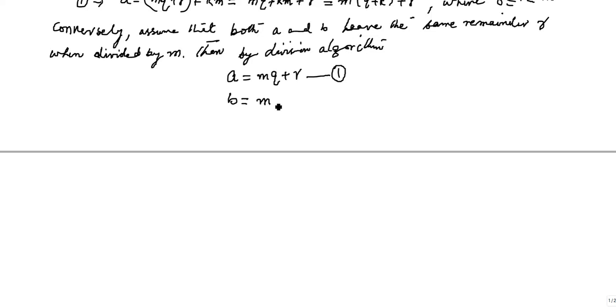So B equals m q prime plus r, we call this equation 2, where the value of r is greater than or equal to 0 and less than m.